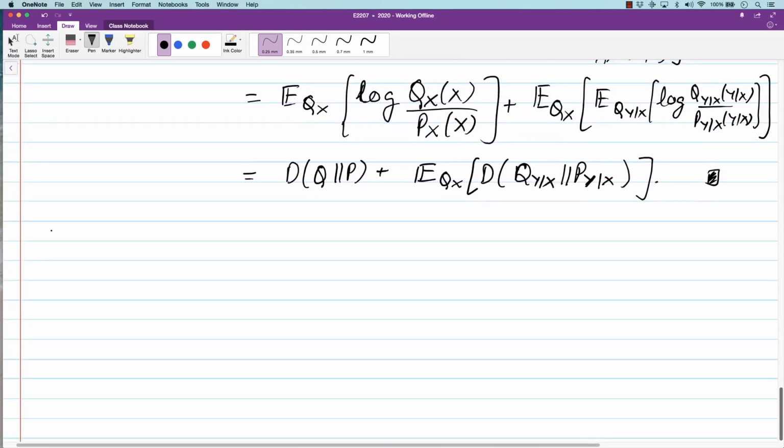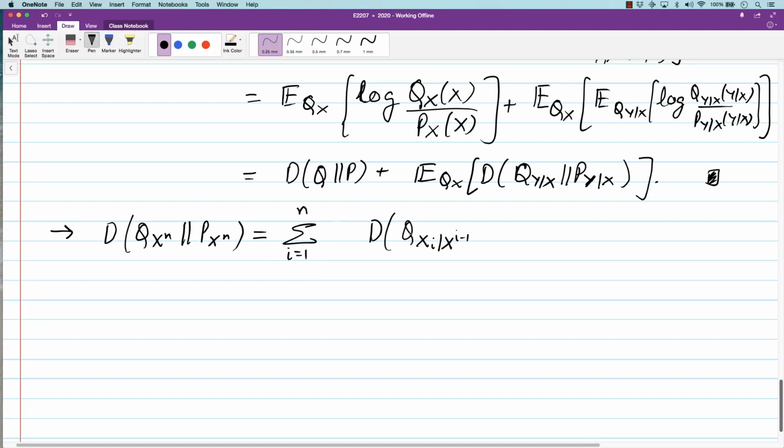Note that we did it for two random variables, but you can do it for multiple random variables. So if you have xn and pxn, that is equal to the summation over i equal to 1 to n of the divergence between q of xi given the past under q, and p of xi given the past under p.